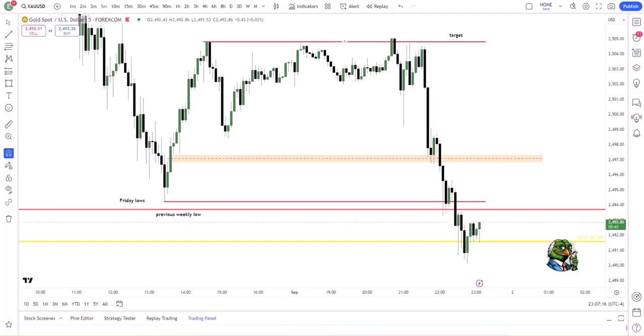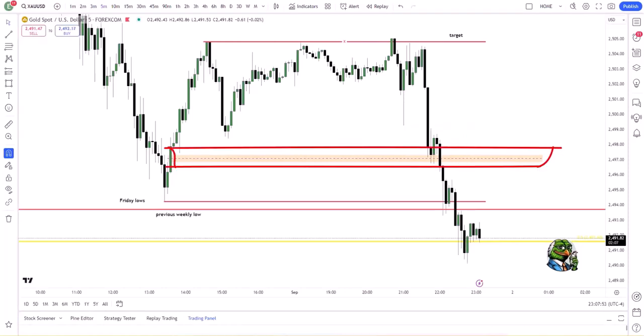And so this to me is just the dump for the pump in simple terms, but in ICT terms, this is essentially a market maker buy model, where we have the original consolidation at the top there, where we've taken that liquidity, and then we've had a level of distribution. We can see there's a bit of consolidation where I've drawn that fair value gap, from the left hand side.